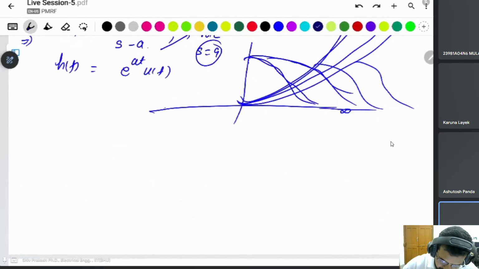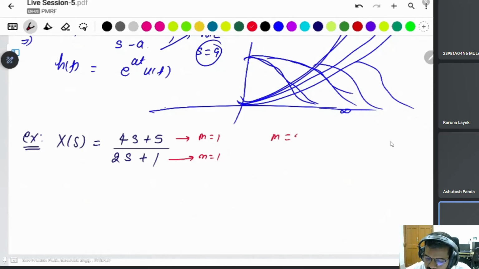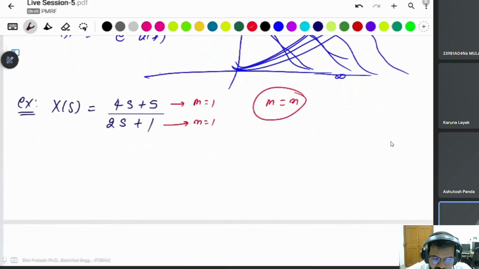I've taken an example for this one. Suppose X(s) is equal to (4s plus 5) divided by (2s plus 1). You can say the order of the numerator is m equal to 1, and the denominator also has the same order, so m is equal to n. Then you can't apply the final value theorem and initial value theorem directly here. Then how can you find it? First of all, use the long division method, then neglect the constant term, then apply the initial value theorem and final value theorem.